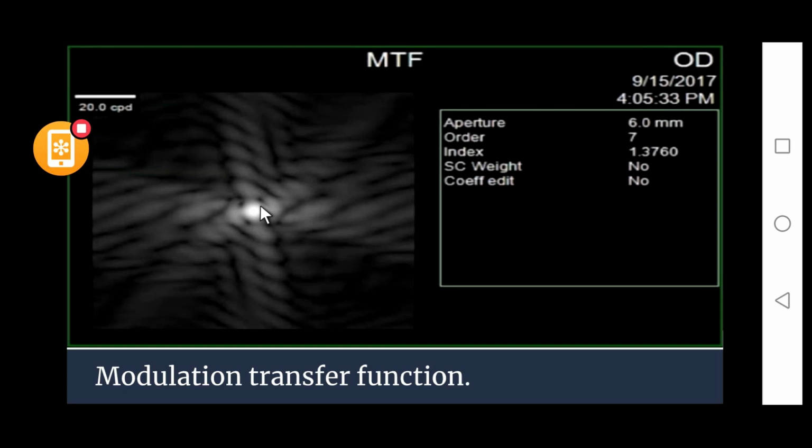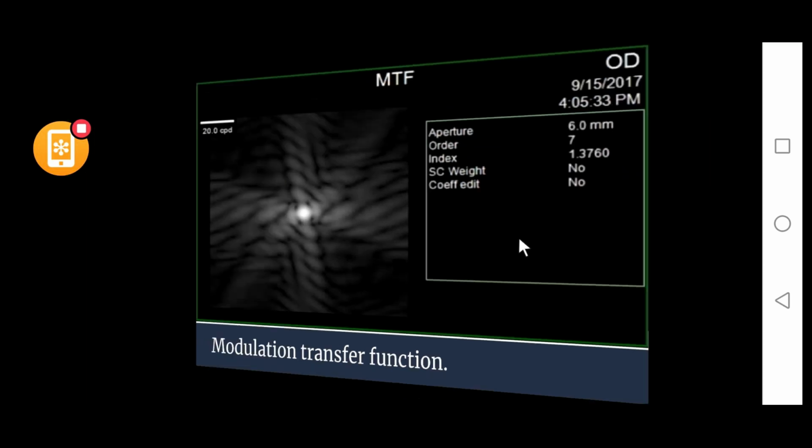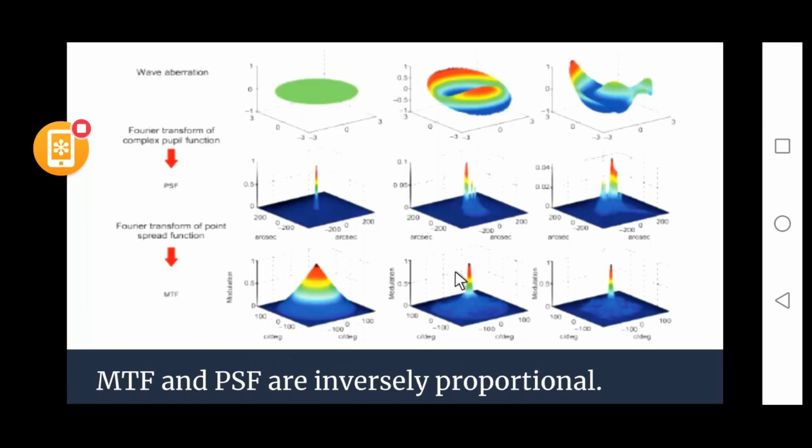In this MTF, as you can see over here, the brighter the central spot, the better is the MTF. Now I'll tell you a little bit about the relation between the MTF and the PSF. First things first, we need to remember that the MTF and PSF are inversely proportional to each other.